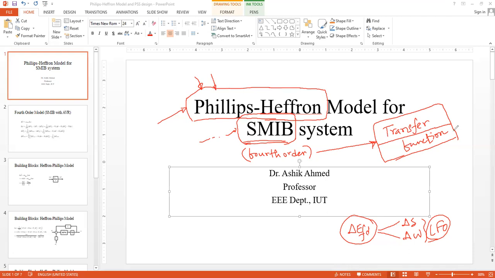That is the basic building block, and you can extend it to include the remaining dynamics of the additional devices to the system. But again, this is nothing but the transfer function representation.